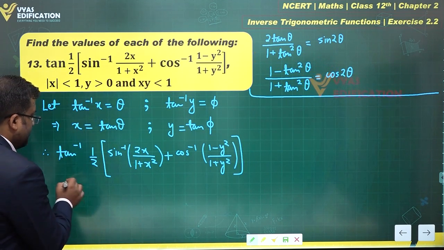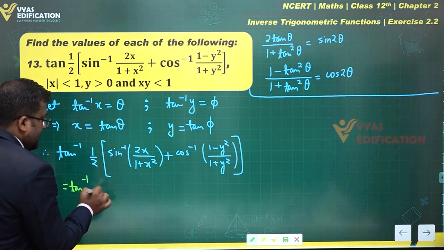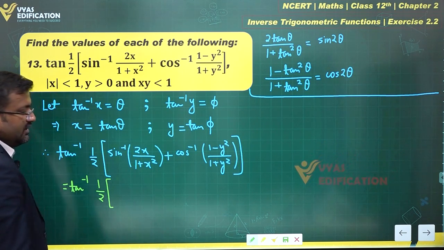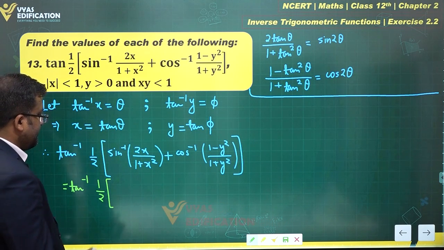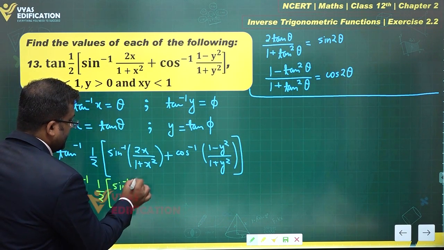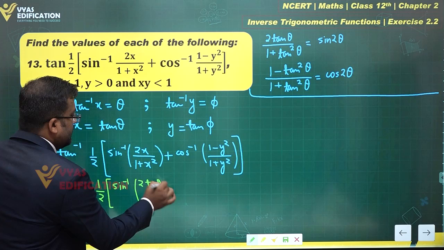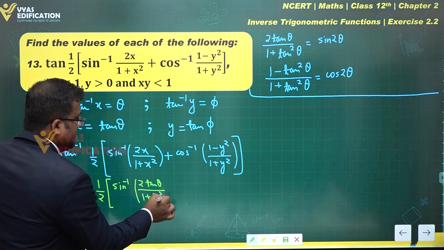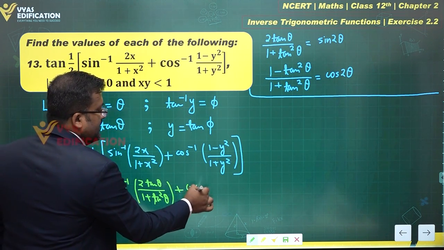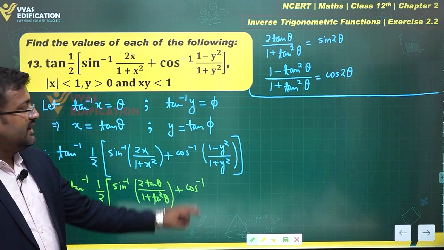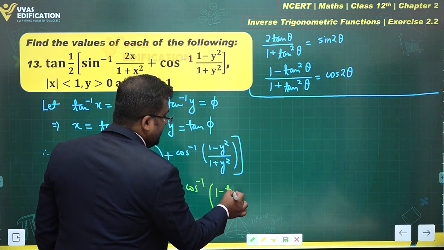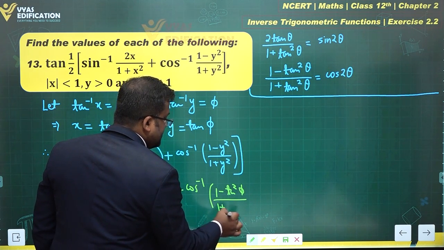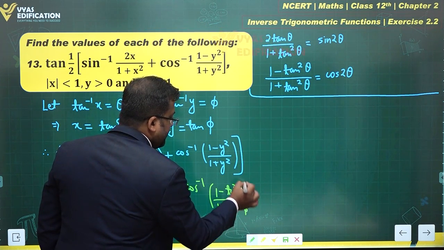This is tan inverse half of sin inverse 2 tan theta over 1 plus tan square theta, plus cos inverse, where instead of y we have substituted tan phi, so 1 minus tan square phi over 1 plus tan square phi.